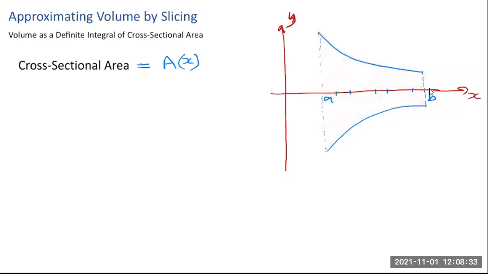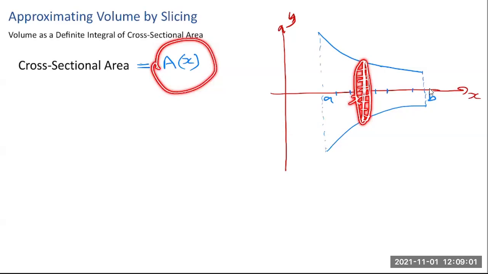Now, suppose you know the cross-sectional area of this solid. For example, suppose on the x-axis, this value is x. Suppose you know the cross-sectional area of this object. At that point, I take a cross-section at x is equal to x, and then I know the area of that cross-section in terms of x, which is given by A(x).